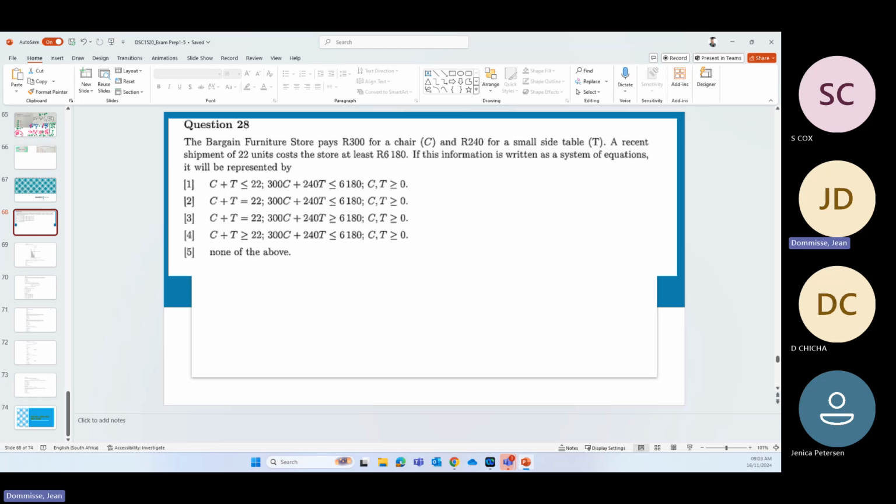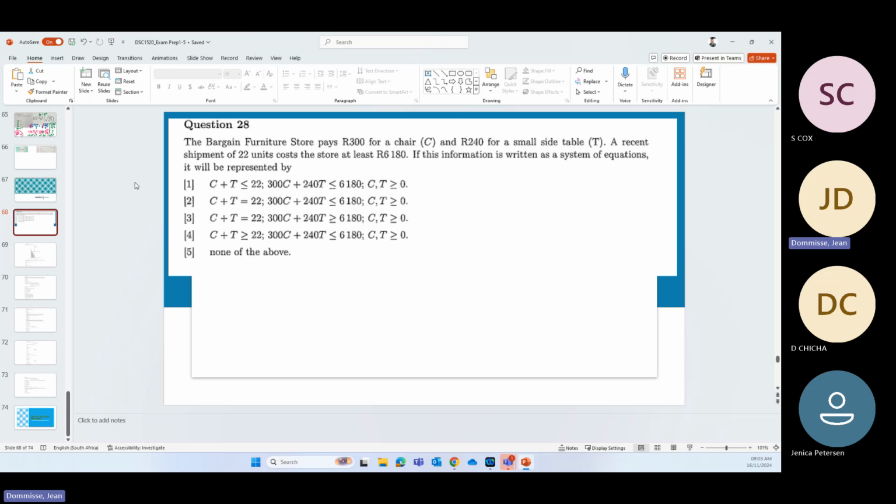Somewhere in there, I think we've got a consumer surplus one as well. So just a bit of looking at the first few chapters.